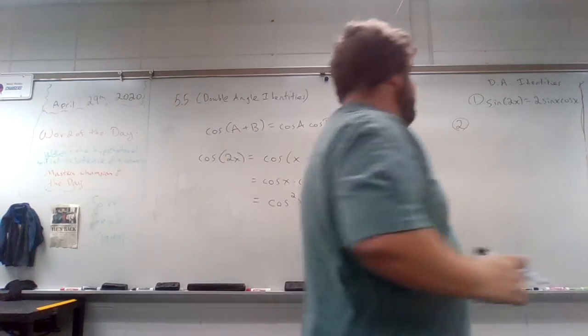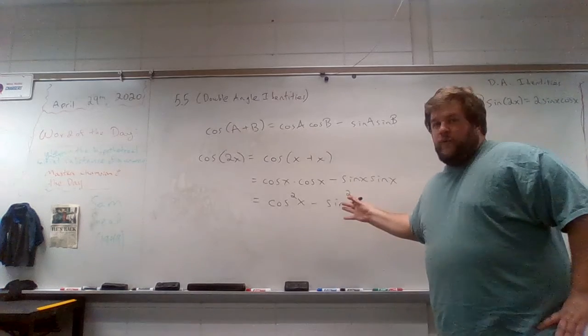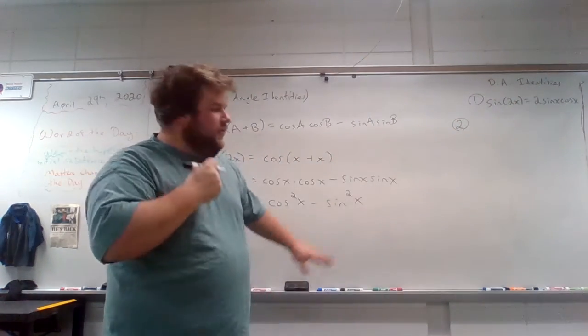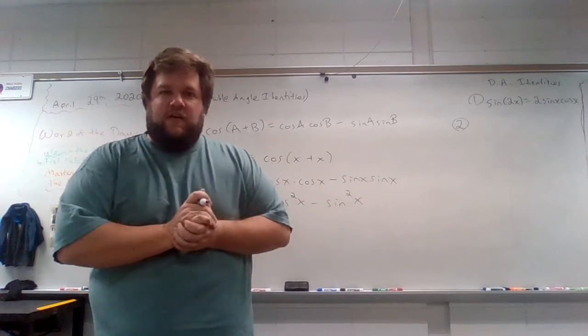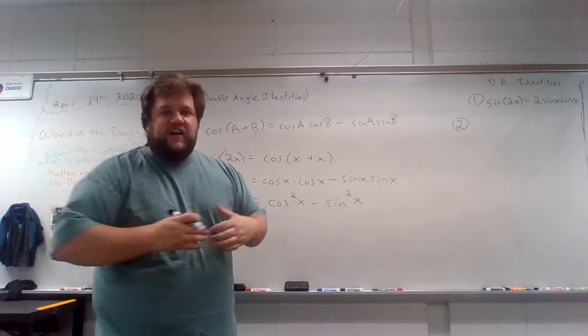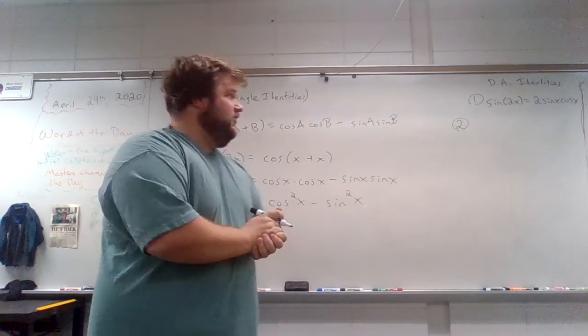Now, the only thing about this one, and maybe I mentioned this, is that this can actually be rewritten in a couple of ways. Because we're dealing with a cosine squared and a sine squared here, it is possible to write this entirely in terms of cosine squared, and also entirely in terms of sine squared.